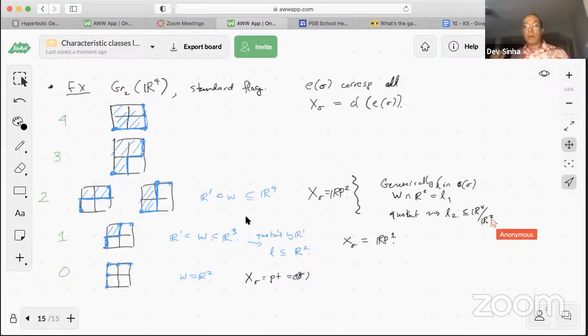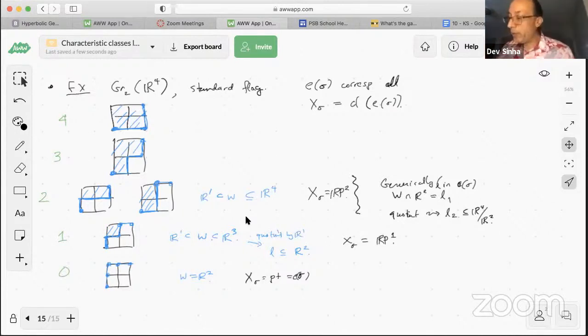So this somehow looks like RP1 cross RP1. And again, E sigma is naturally an open interval cross an open interval. So you really just get a product, but X sigma is going to be more interesting. And the way to see that is actually to first blow up.